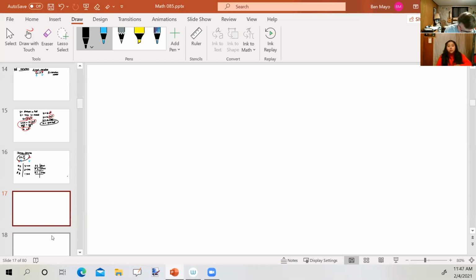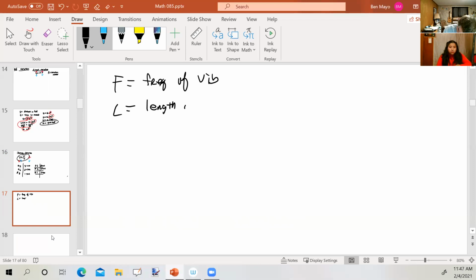All right, so what do we got? We've got frequency of vibration. So F is going to be frequency of vibration. It says inversely proportional. This book likes to use the word variation and proportion kind of interchangeably, but it varies inversely to the length of the pipe. So L is going to be the length of the pipe.